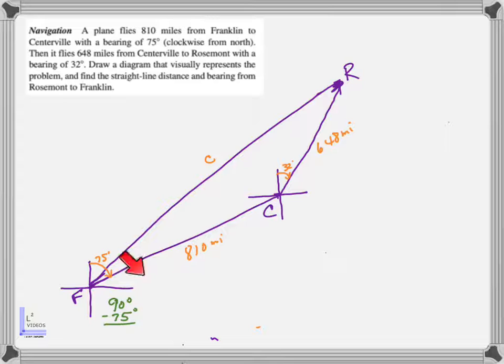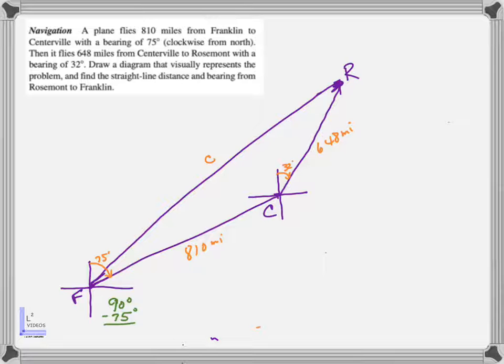Notice I draw a coordinate axis whenever I'm starting to draw an angle. And it said 75-degree bearing, and it's a navigation problem, so you measure from due north. So here's our 75 degrees, from due north down to this line. This is showing the path from Franklin to Centerville.